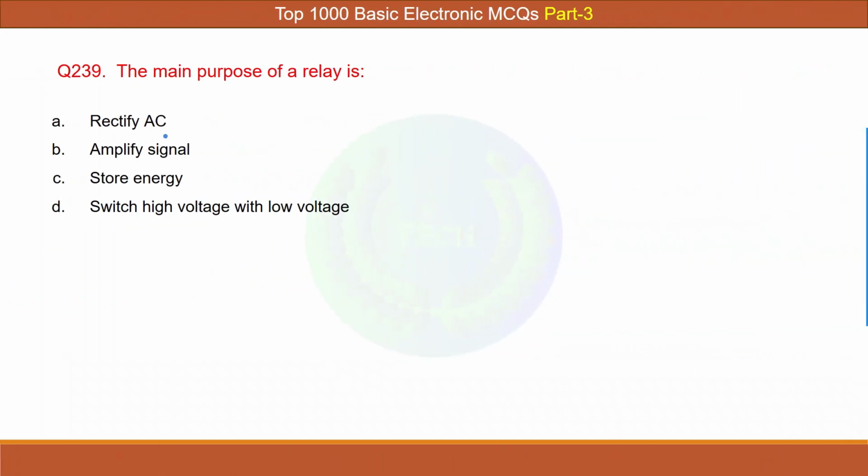Next question, question number 239. The main purpose of a relay is option A rectify AC, option B amplify signal, option C store energy, option D switch high voltage with low voltage. The answer is option D switch high voltage with low voltage.